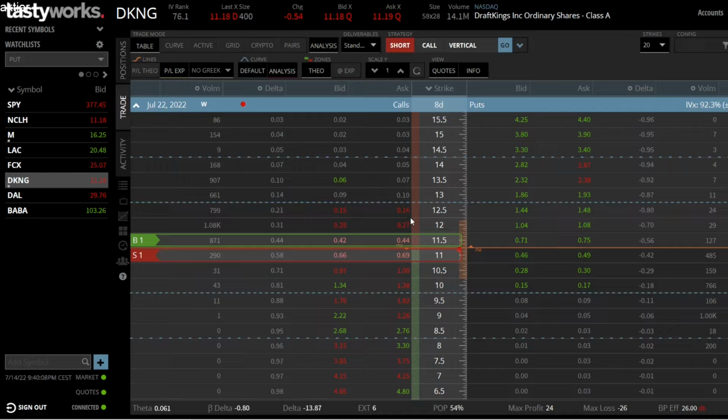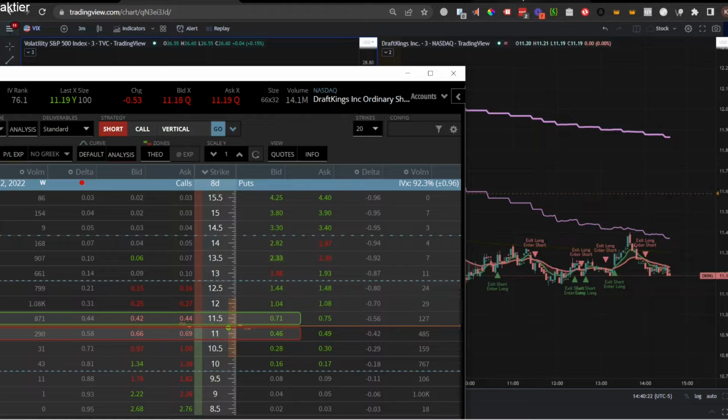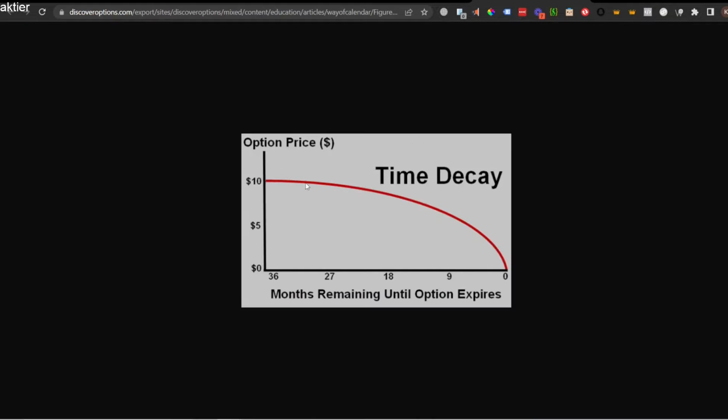But I like to run mine all the way up to the expiration, and the reason is that I like to take advantage of time decay, because as you can see, it's not linear.